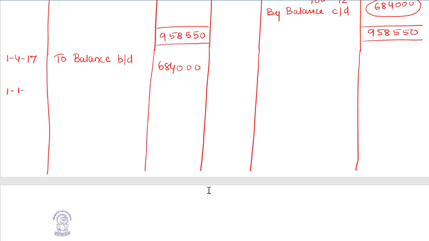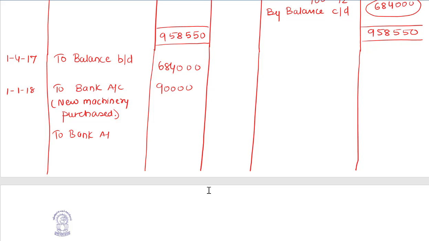On 1st of January 2018, a new machinery is purchased for 90,000, and we have incurred 10,000 for installation.